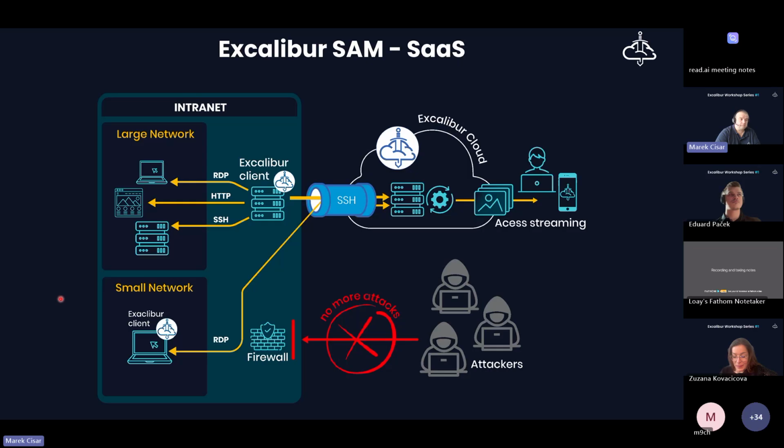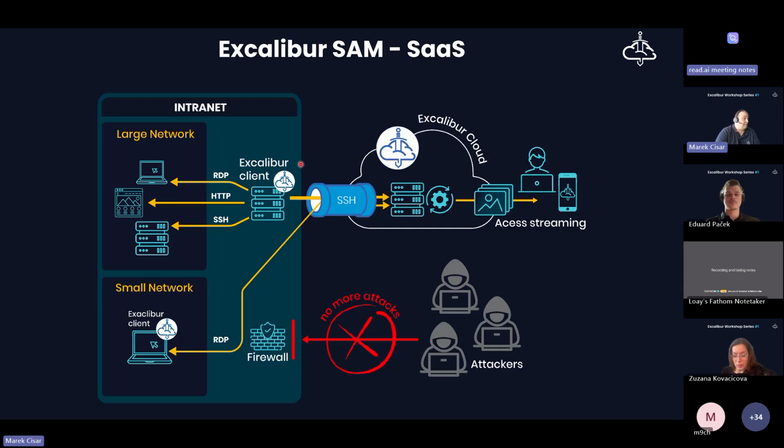If you need to access only the endpoints, you can install one or multiple Excalibur tunneling clients on the endpoints. If you don't need to access endpoints from the cloud and you need to access the rest of the infrastructure, such as Active Directory servers, application servers, database servers, then you need to deploy the Excalibur tunneling client in that segment. And basically that's it. As I said, you can have one, you can have multiple.